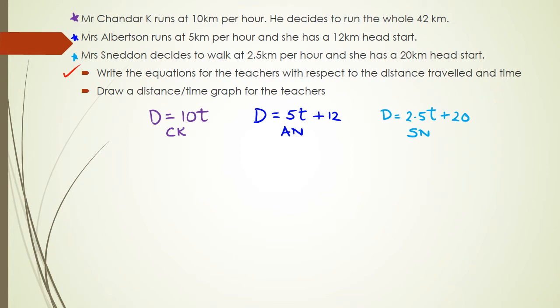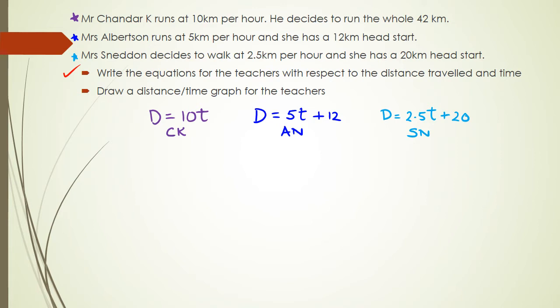Now the second bullet point is asking you to draw a distance time graph for the teachers. In the next slide, I have a grid set up, and I'm going to show you guys how to actually draw a straight line given an equation.